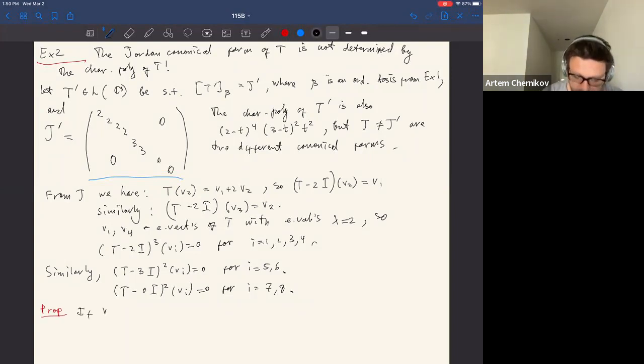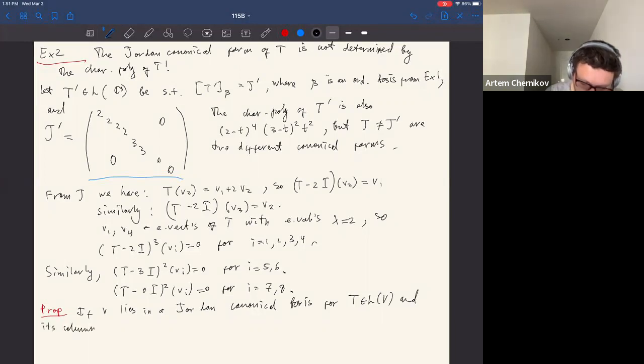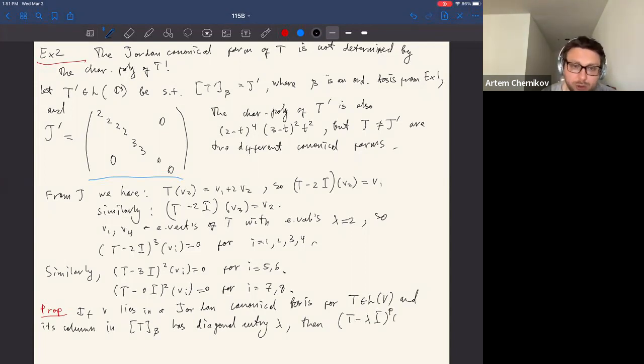If v lies in a Jordan canonical basis for a linear operator T on V, and its column in the matrix of T with respect to beta has diagonal entry lambda, then (T minus lambda I) to the power p evaluated on v is equal to 0 for sufficiently large natural number p.